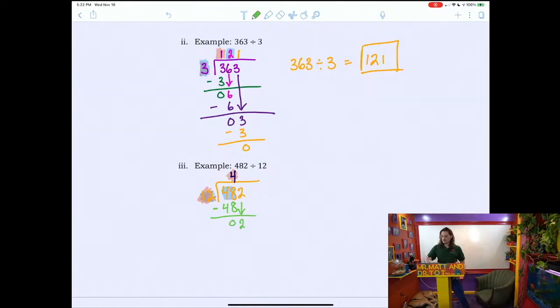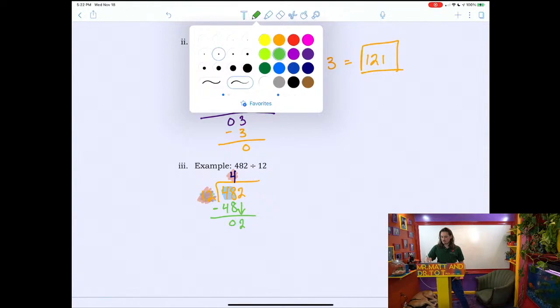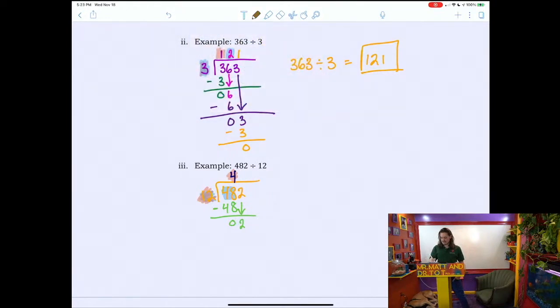So what we have to do, we don't have any value to bring down anymore, so what you can do is you can say that 12 goes into 2 0 number of times, and so you can add a 0, bring down a 0 to add to the value below. Now 2 is divisible. Oh, what happened here? Let me just check something real quick.